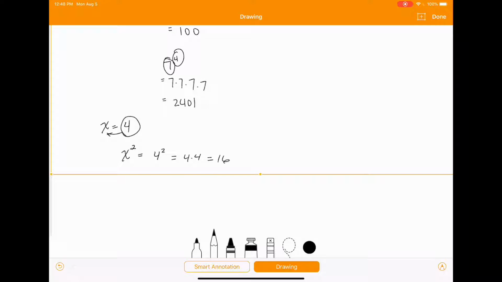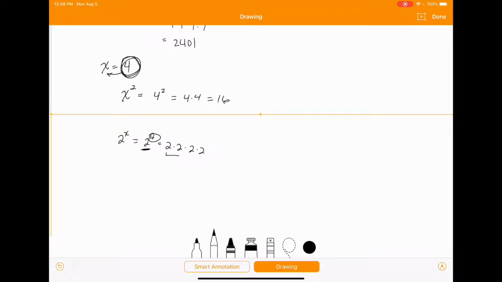Or if we had 2 to the x, again, you just replace x with the 4 up here, so 2 to the 4th. So that's going to be 2 times itself 4 times, so 1, 2, 3, 4.